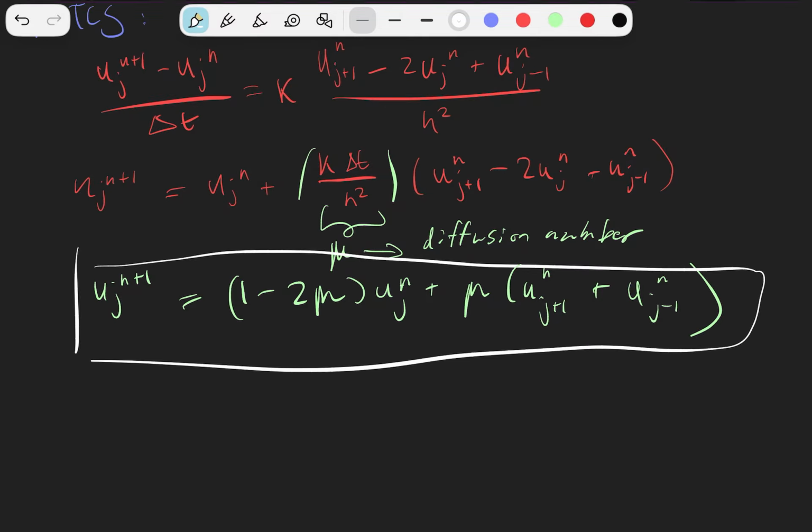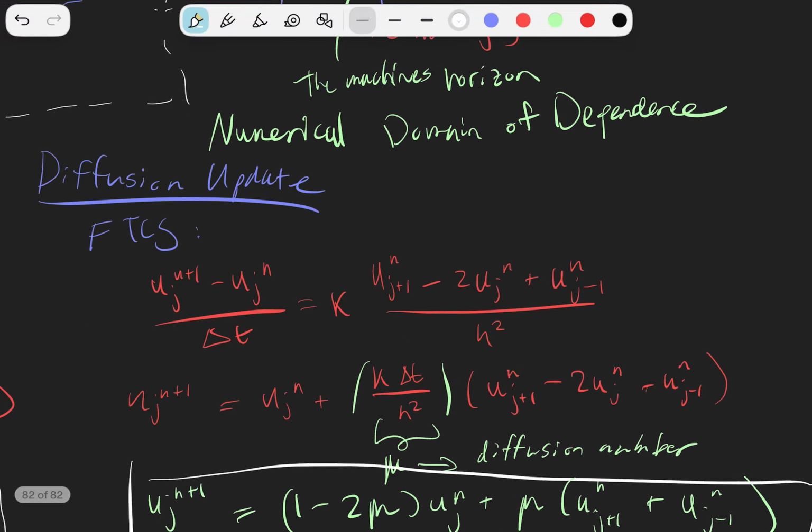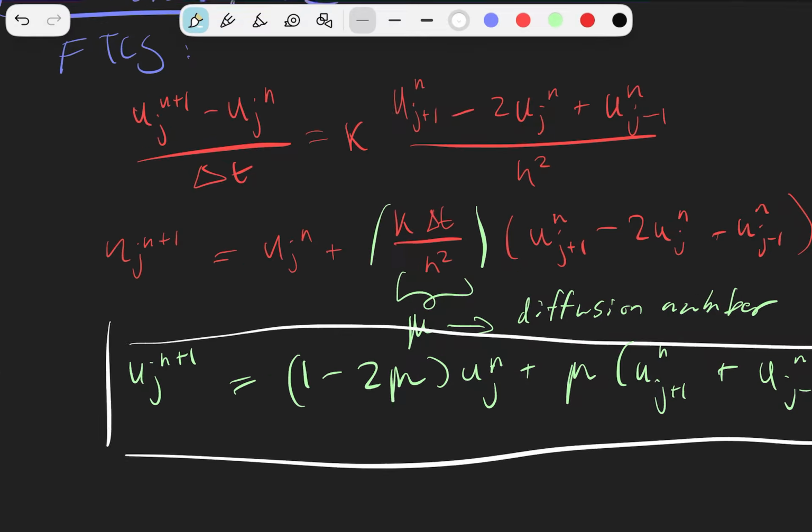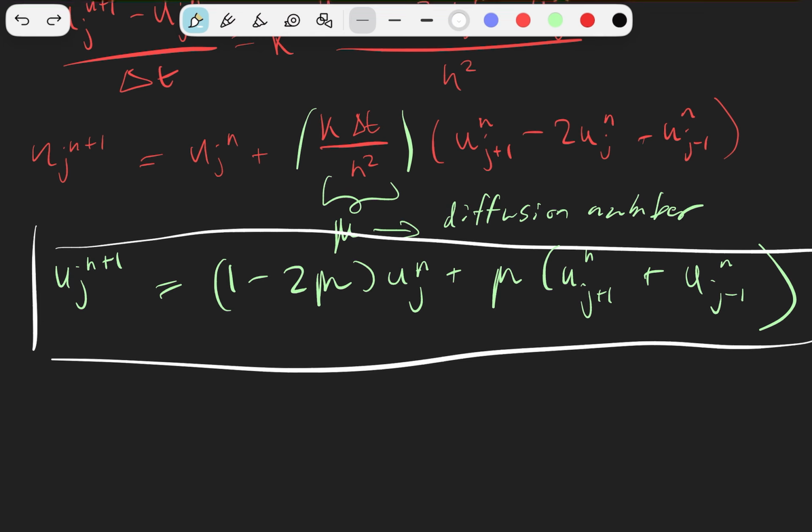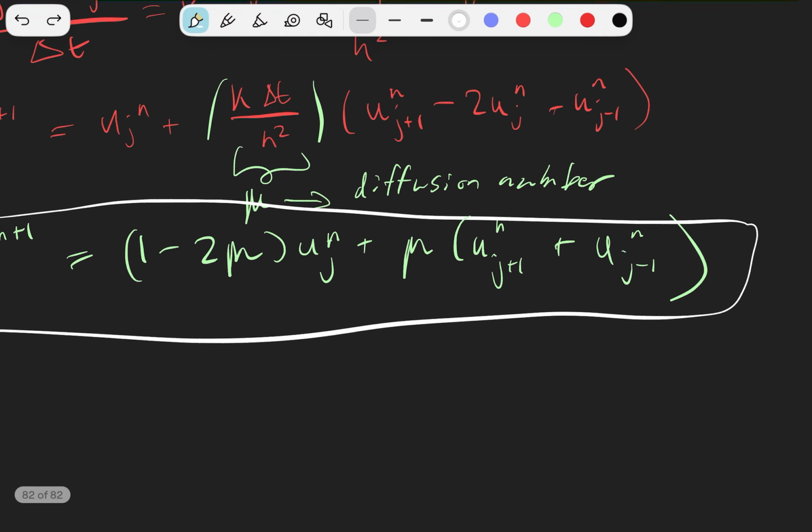Because now what this equation is telling you is that the future value is the current value plus some correction based on essentially local curvature, or the concavity.